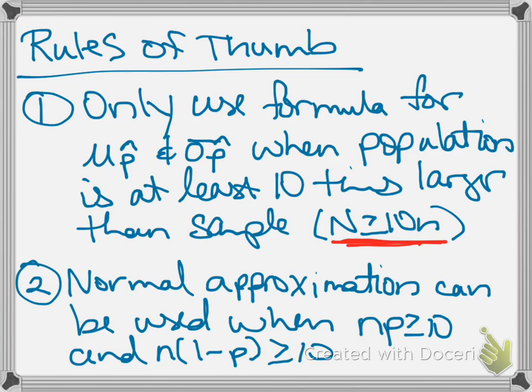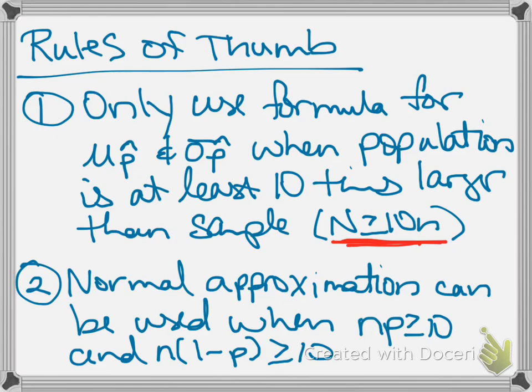There's also a second rule of thumb that you should be aware of, and this is related to something that we talked about in Chapter 8 when we were covering binomial distributions. Back in Chapter 8, we said that we could use a normal approximation to estimate a binomial distribution under certain circumstances. And the same criteria apply in this case because, again, remember that we are using that binomial distribution to help us estimate what P hat would be.